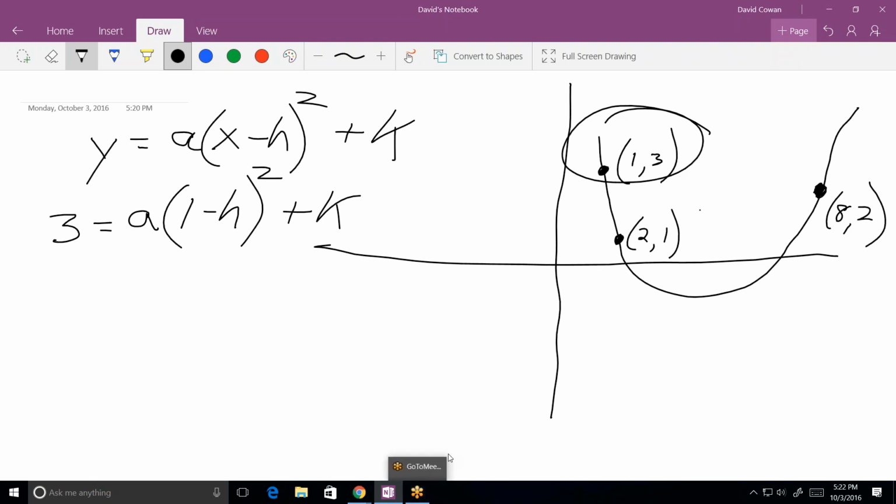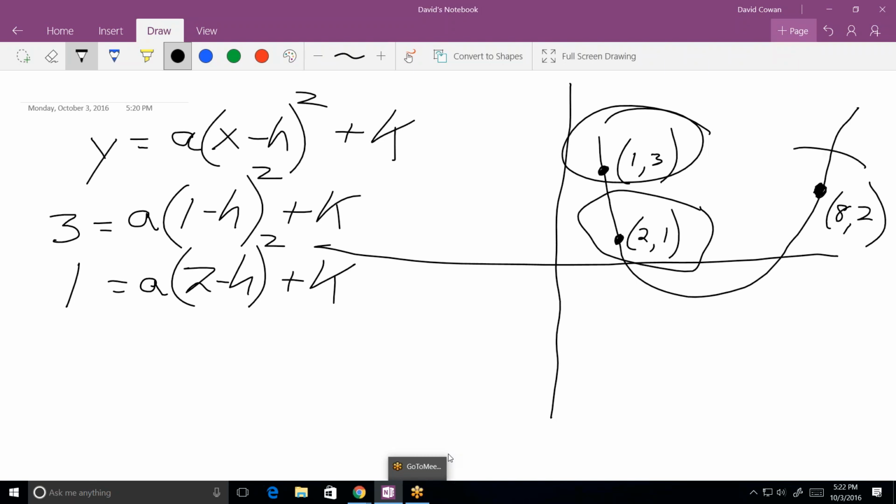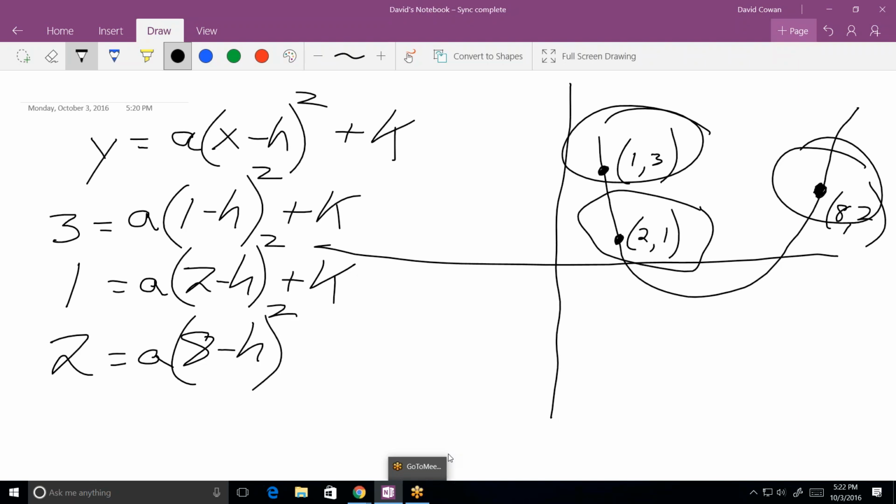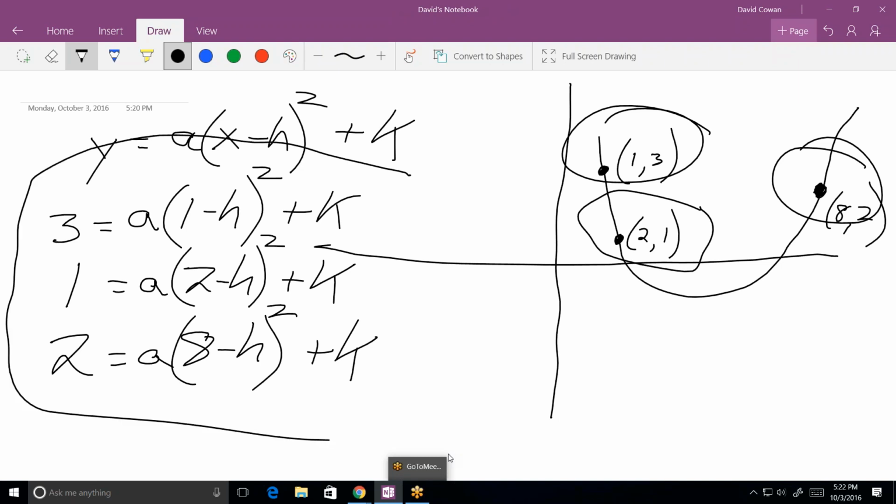And then for this point here, I get 1 equals a times (2 minus h) squared plus k. And finally, for this third point, I get 2 equals a times (8 minus h) squared plus k. Now notice what I'm looking at. I'm looking at a system of 3 equations and 3 variables, a, h, and k.